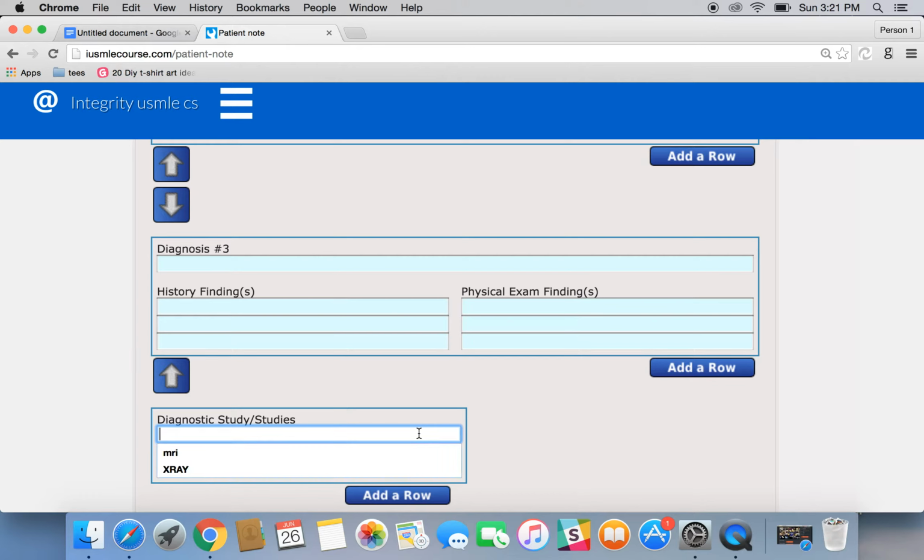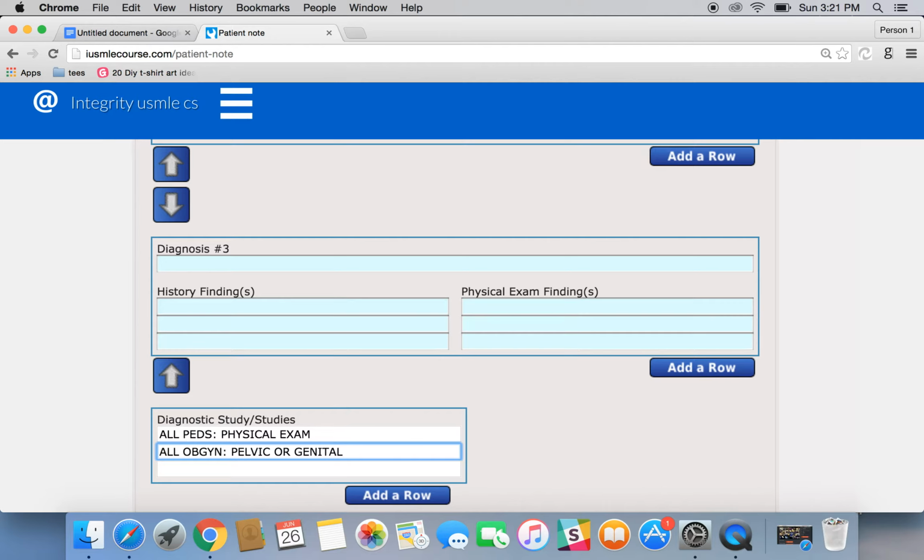In diagnostic studies, for all pediatric cases, we'll have physical examination. This is because these cases are never brought to the exam center, so you want to take a look at them. For all OBGYN cases, we'll have either pelvic examination or genital examination.